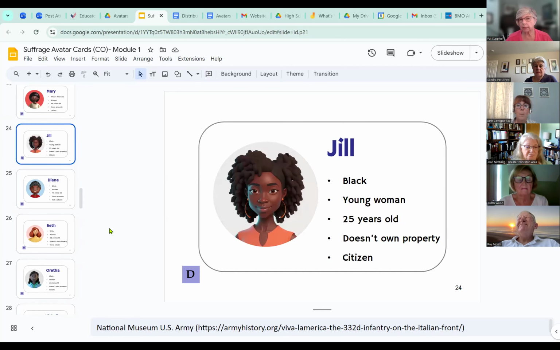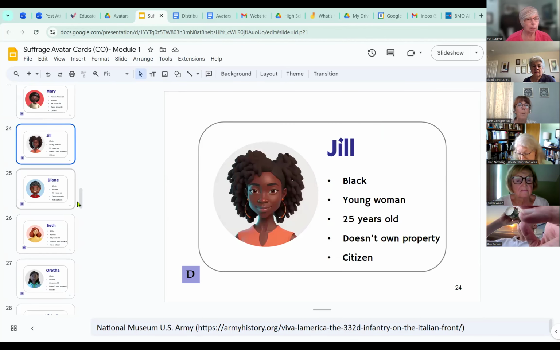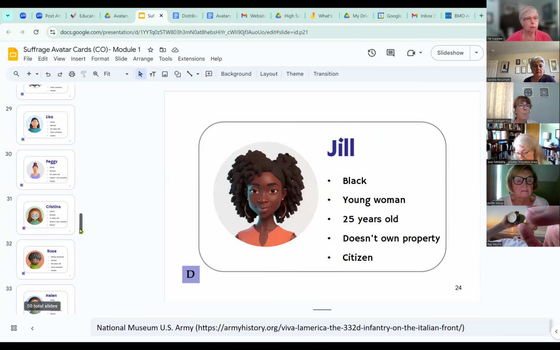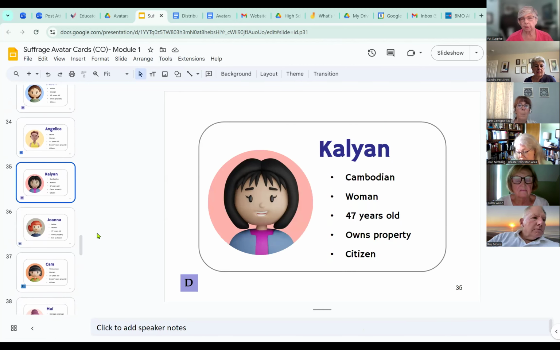So you're Black, 25, you don't own property, and you're a citizen. Judy, you're Kalyan. So you're Cambodian, a woman, 47, and you're a citizen.